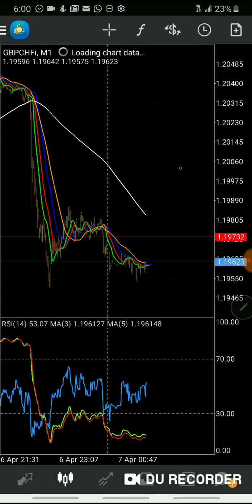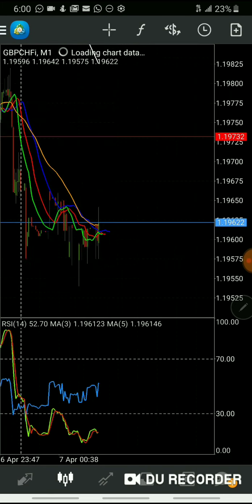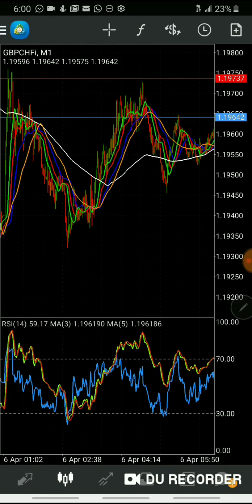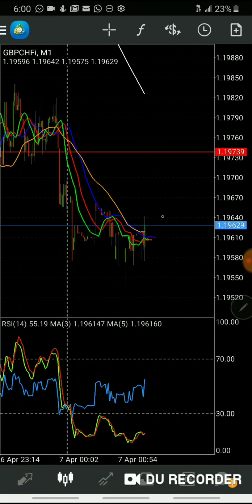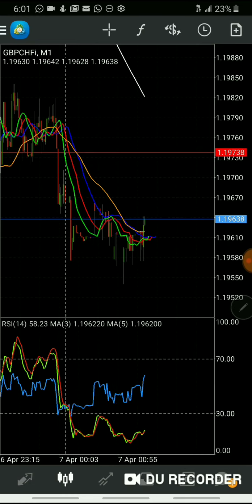I'm viewing the chart. You would see now how big that spread is. Let's say between here and here is 100. So that means 10 pips.